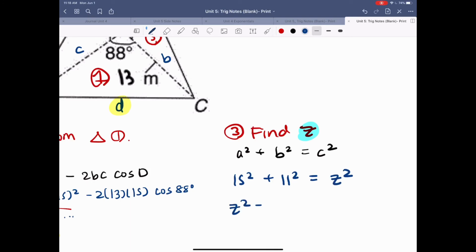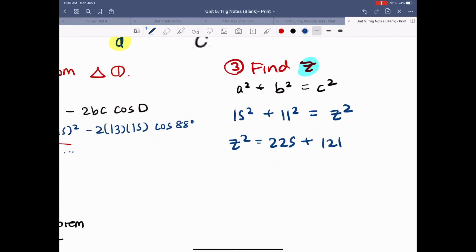So z squared is equal to 225 plus 121, which is 346. I'm going to square root both sides and grab the positive one only because we're dealing with length. So z is approximately 18.6 meters.